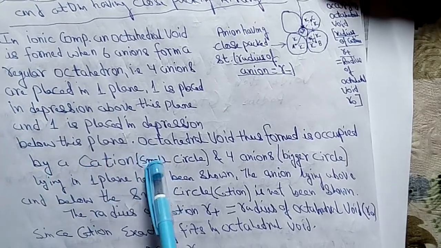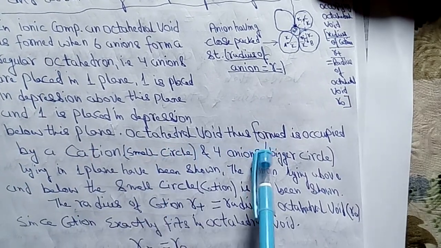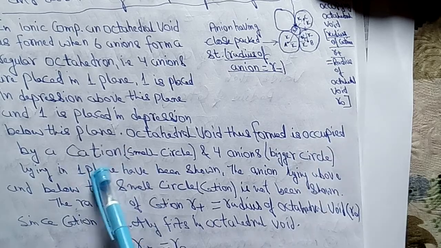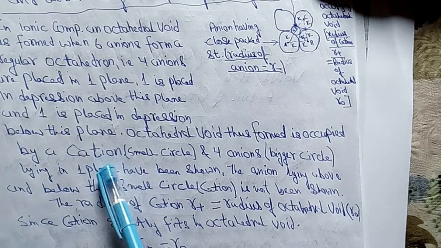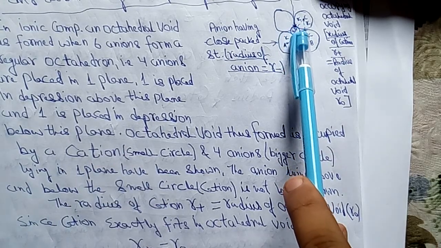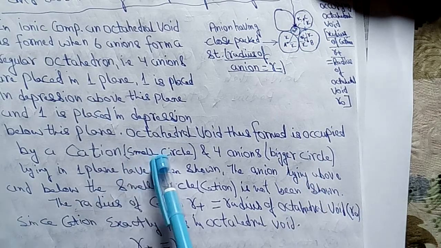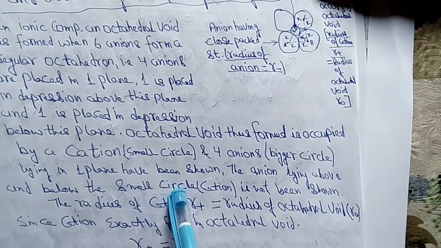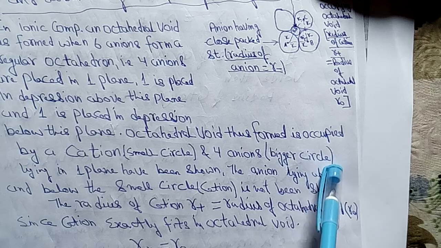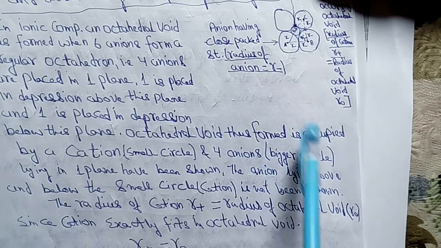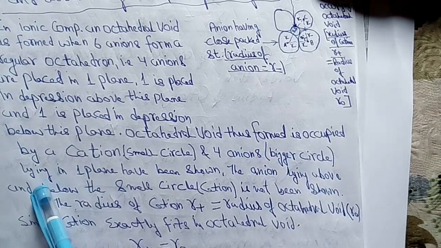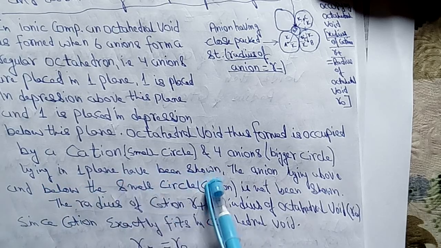The octahedral void thus formed is occupied by a cation at the center, shown with a small circle, and four anions, the bigger circles, lying in one plane have been shown.